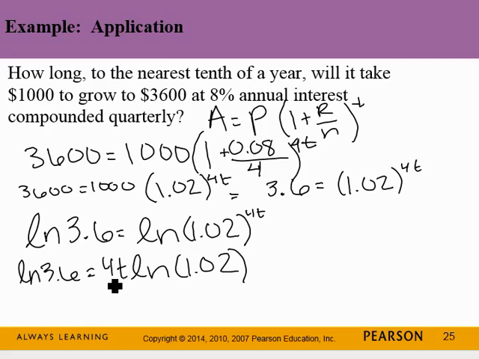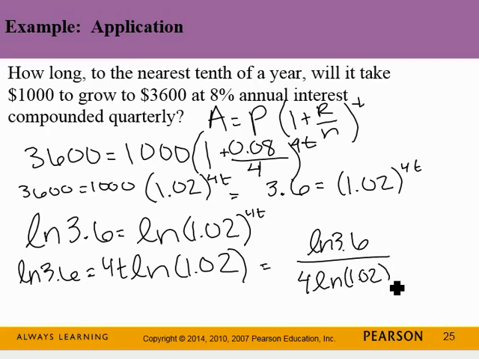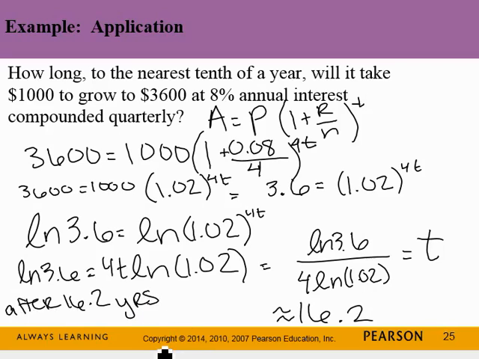In order to get t alone, I need to divide by 4, and I need to divide by my ln 1.02. And that's going to be about 16.2. If you put that in a calculator, it would be about 16.2. So after 16.2 years is your answer. In this case, you're looking for your exponent. So in order to solve for that, you need to be able to use your logs.